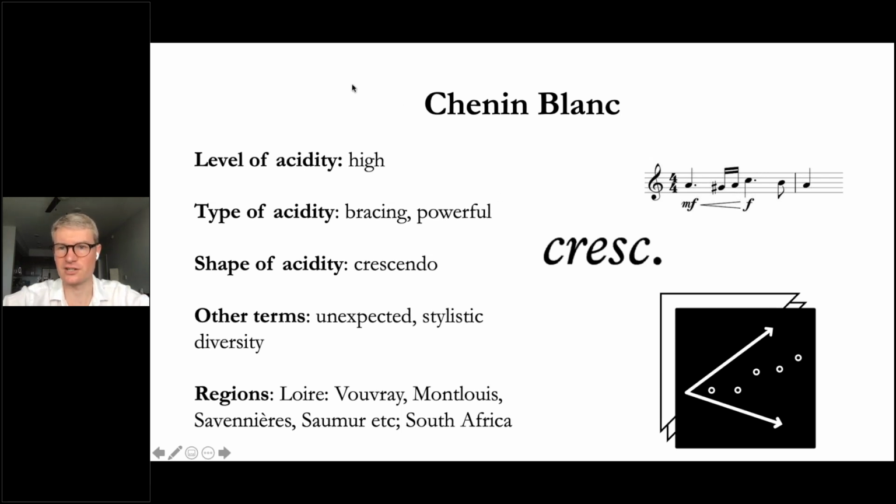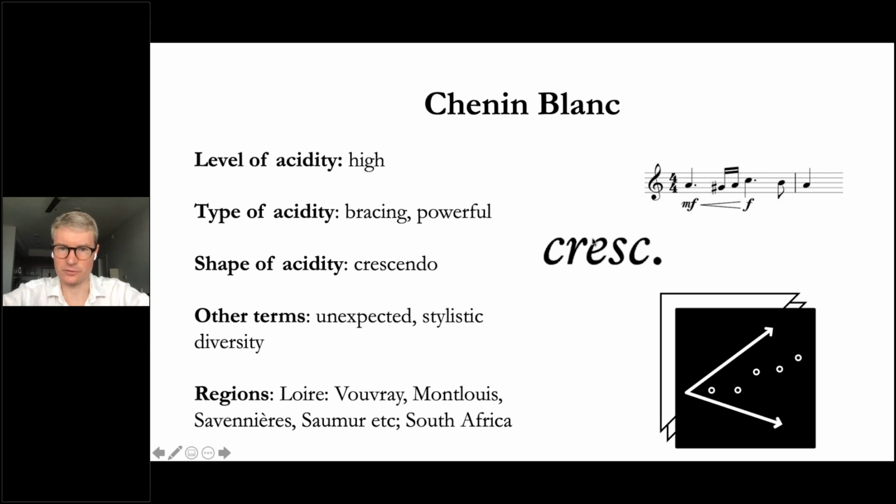In music, the crescendo is this sign here, this little hairpin, which indicates that you should gradually start playing the music louder. And to me, the acidity in Chenin Blanc gets louder during the time that the wine spends on your palate. It starts out quite soft, and you think, oh, there's not much acid in this wine. But by the end, the acid is really screaming. That's the crescendo, the growing, the increasing, the escalating acidity, which I think is such a hallmark of Chenin Blanc.